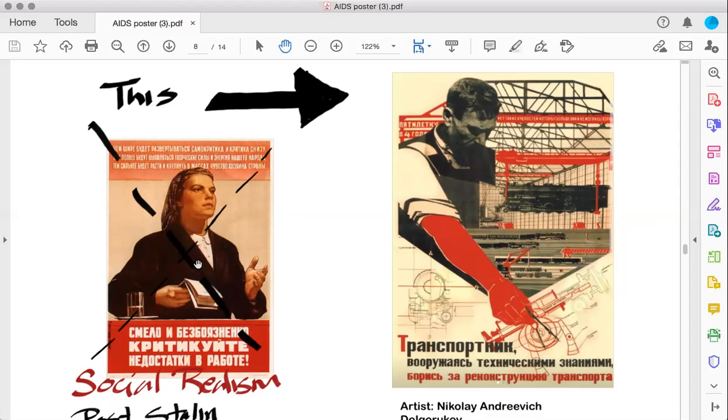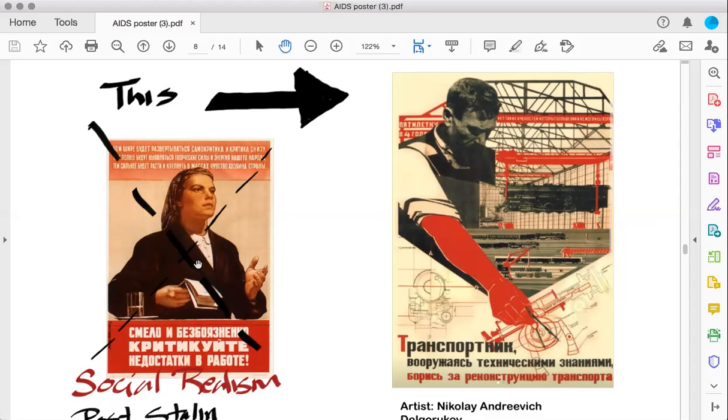So what is important to recognize here is that the return to the formal painting style of social realism was a political choice. It rejected the mechanization of art in the same way that it rejected the mechanization of agriculture, as an example.